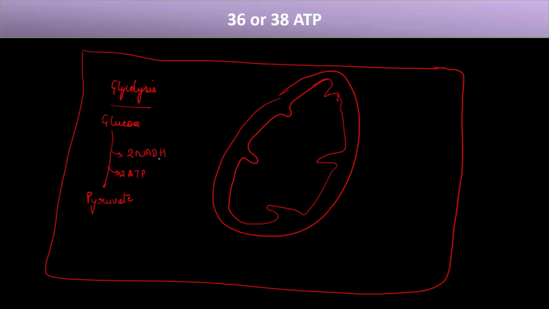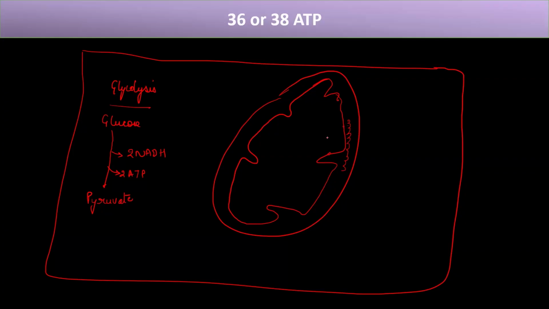But the process by which ATP is formed from NADH does not happen in the cytoplasm, right? It happens in the mitochondria, in the region that involves the intermembrane space and the inner mitochondrial membrane.